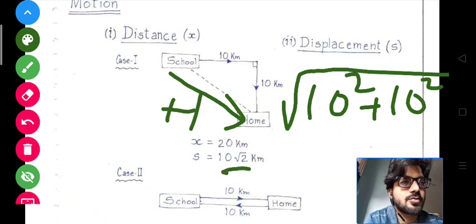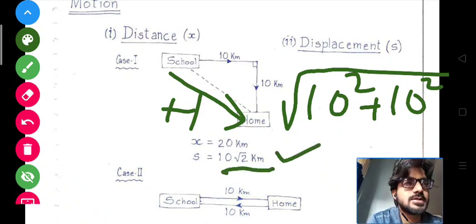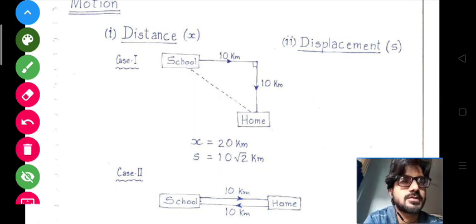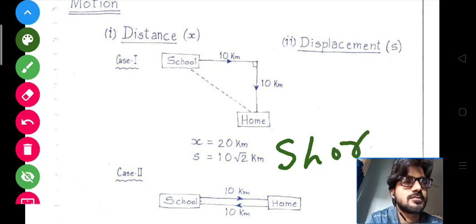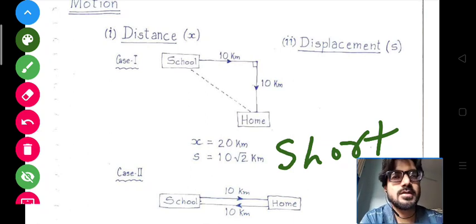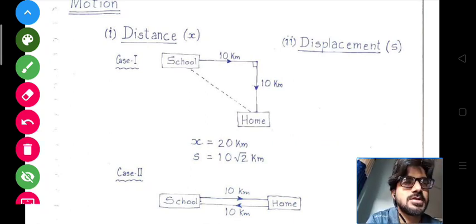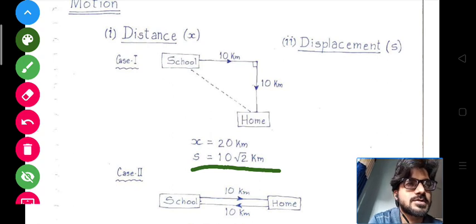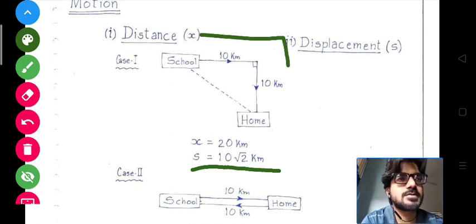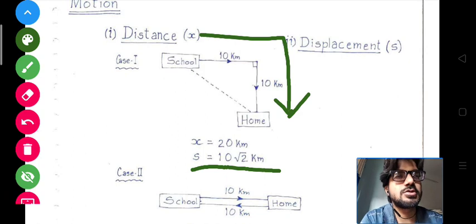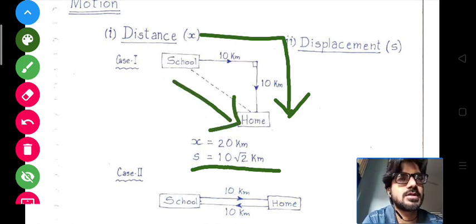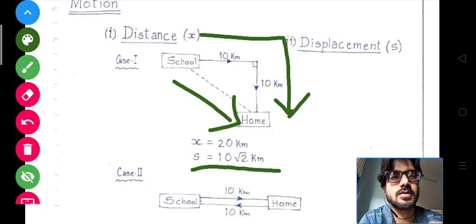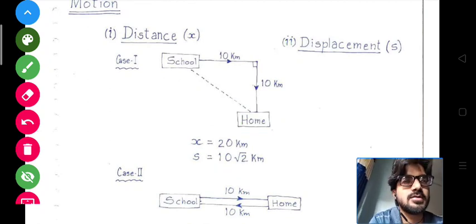The answer is 10 root 2 kilometer, and this is the shortest path. In other words, displacement is the shortest path traveled by a person. The entire path is distance, and this is also distance, but a shorter one. Also, it has a certain direction.